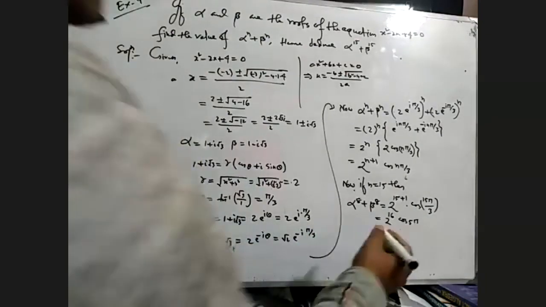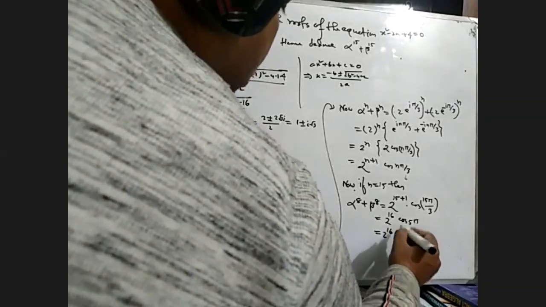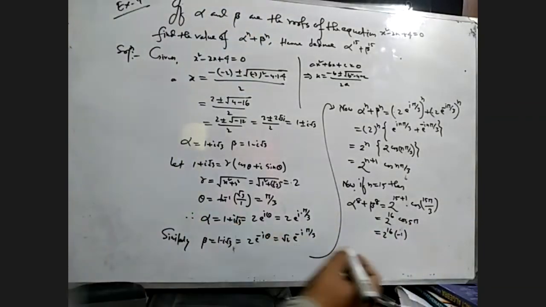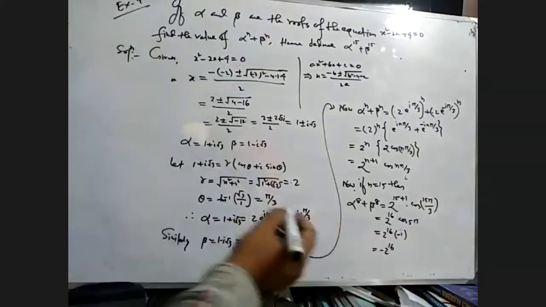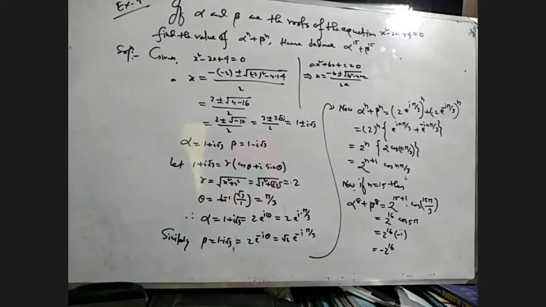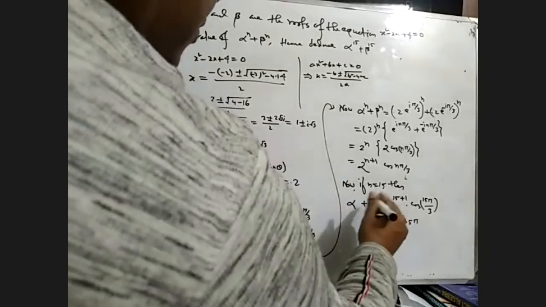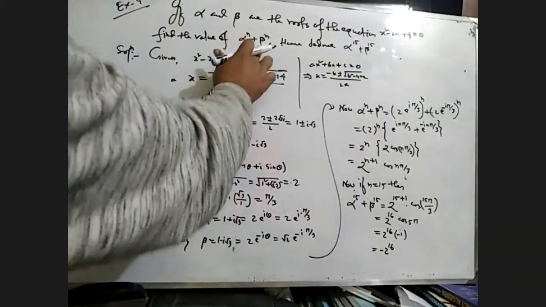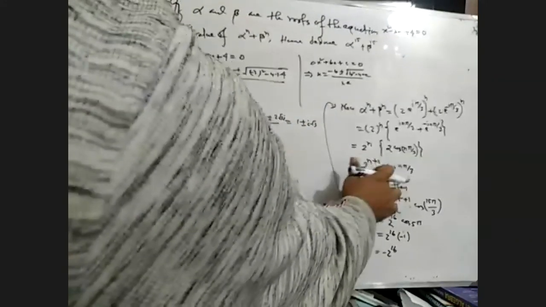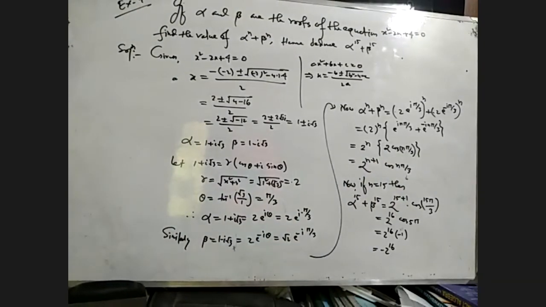Cos 5 pi equals to minus 1. So minus 2 to the power 16 is the result. So alpha to the power 15 plus beta to the power 15 will be minus 2 to the power 16. Very easy. Same example, same procedure.